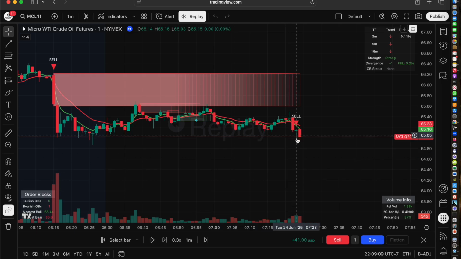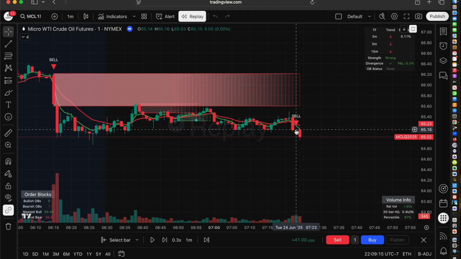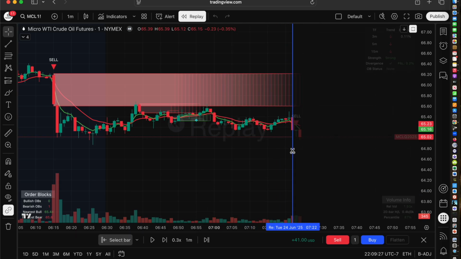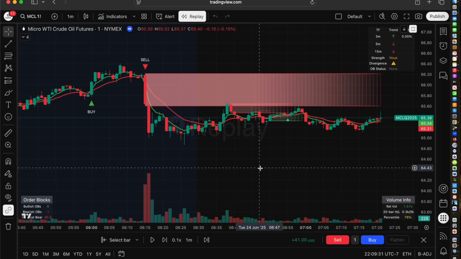Okay, so I missed that one again. So remember that first trade that we were able to take, that's about 41 bucks. I'm just going to back up a little bit so I can enter once we see this sell signal here. Slow it down so I don't miss it again.